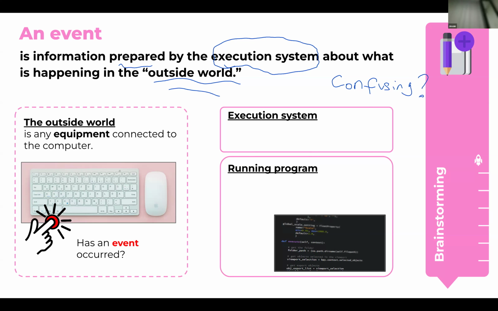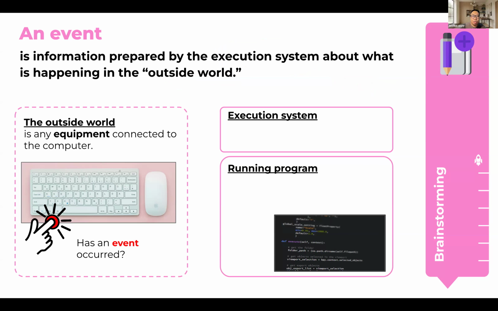Yeah. Let's make it simple. In my own language, an event is something that happens when you run something. For example, if you have a print function, the event that will happen is that it will print the statement that you write in the brackets here.